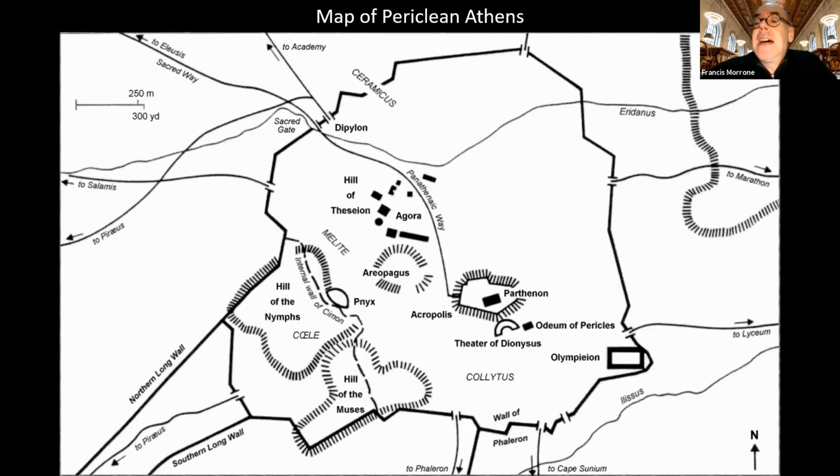It was perhaps half the size of Greenwich, Connecticut. How's that? This is not a megalopolis that we're talking about. We're talking about something that by our present-day definition would be a town, not a city. Nonetheless, by the standards of its day, it was a very important place indeed.